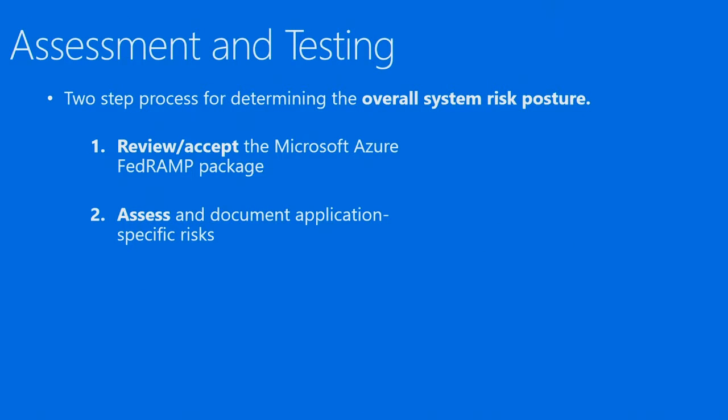So then we get to the assessment and testing portion. There are two potential steps from this perspective. Part of it is accepting the risk associated with leveraging Azure Government. We provide our full FedRAMP package to any government agency who's interested in reviewing what's already been approved through the FedRAMP Joint Authorization Board, which is comprised of GSA, DoD, and DHS.